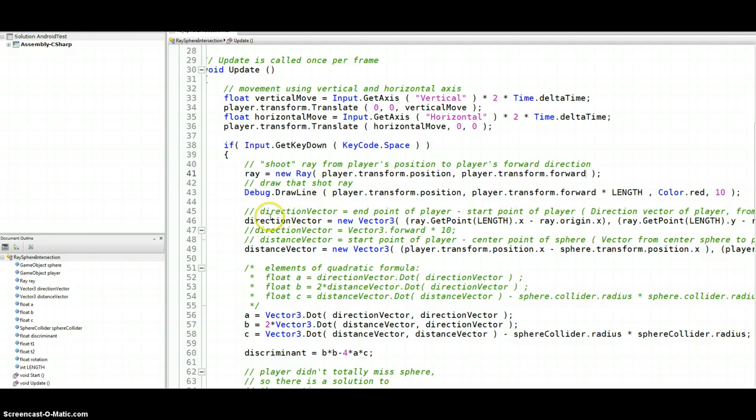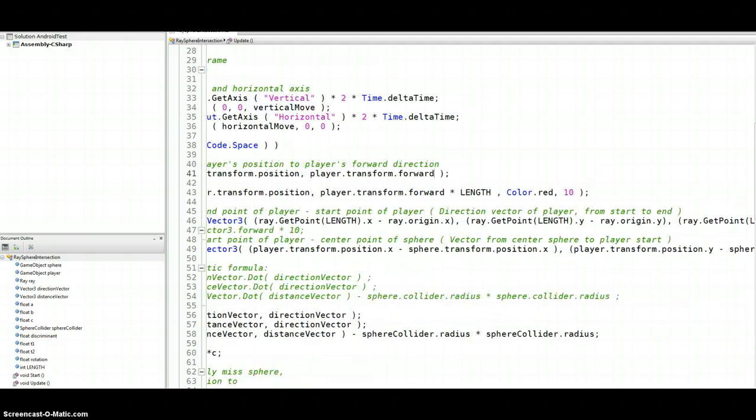Then the direction vector is formed, which is the endpoint of that ray minus the start point of that ray, and it must be calculated for every axis x, y, and z.